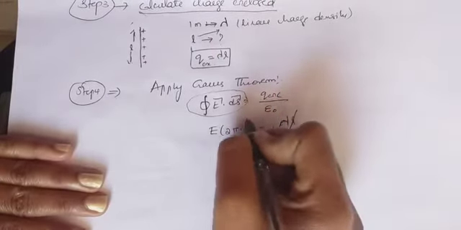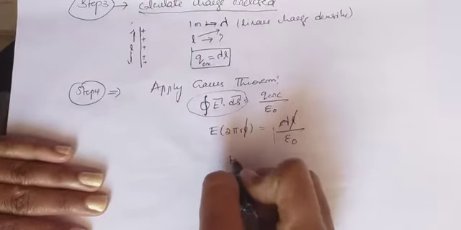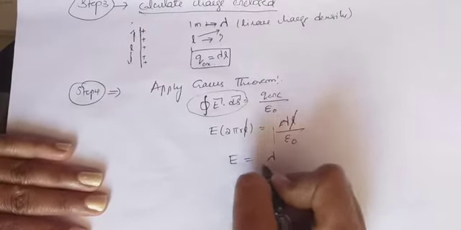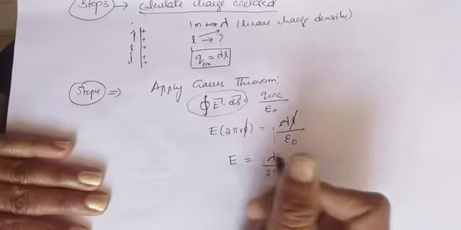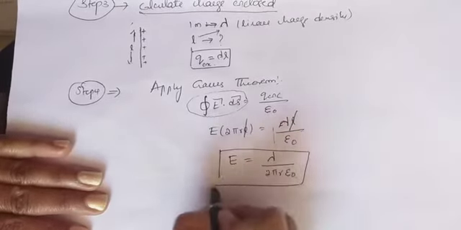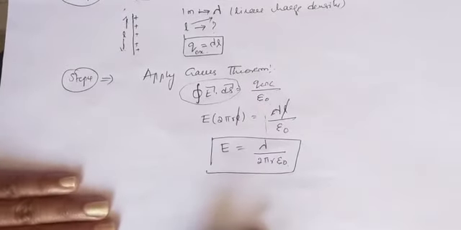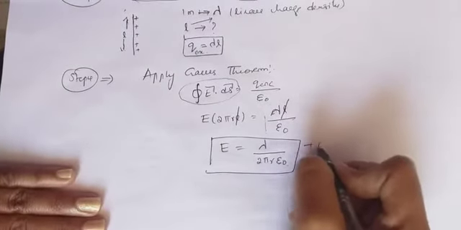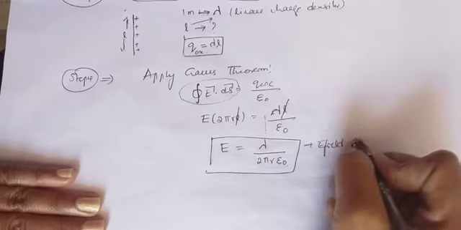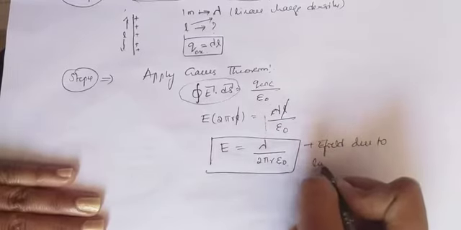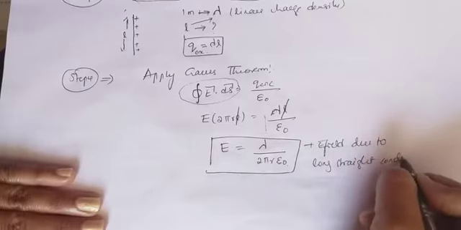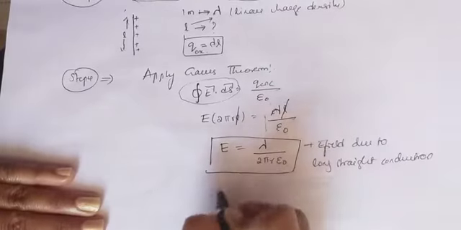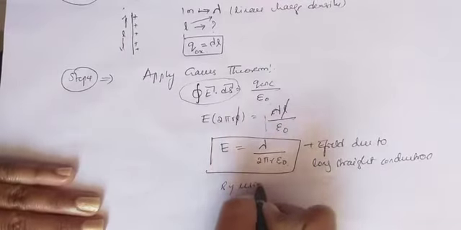So L and L are cancelled. Then we have E is equal to lambda by 2 pi r epsilon naught. This is the electric field due to a long straight conductor, by using Gauss theorem.